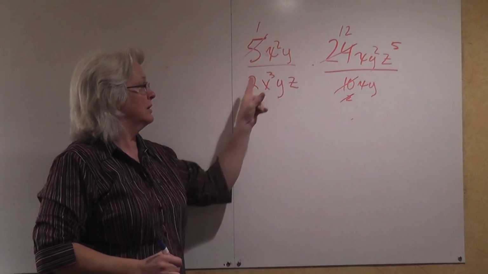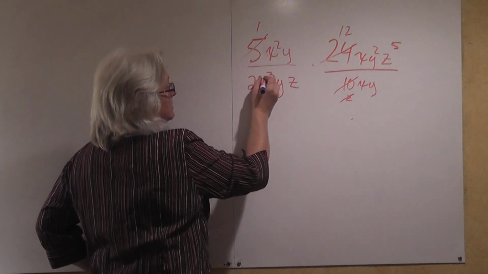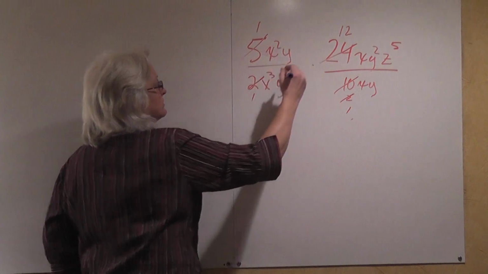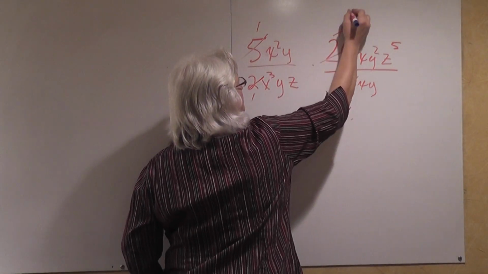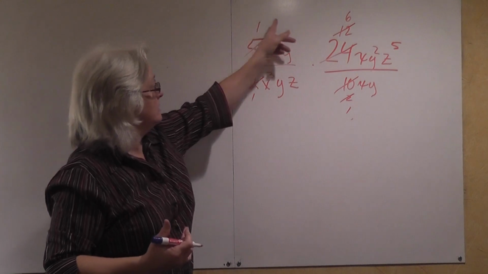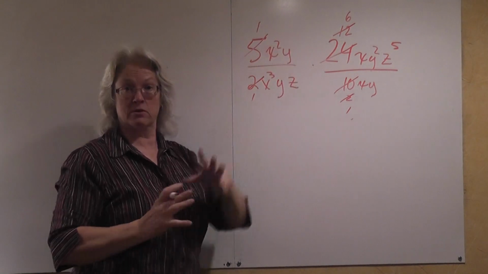We have a 2 and a 12 again, leaving a factor of 1. 2 goes into 12 6 times. Now the only coefficient I have remaining is this 6, so there's nothing else that I can cancel.